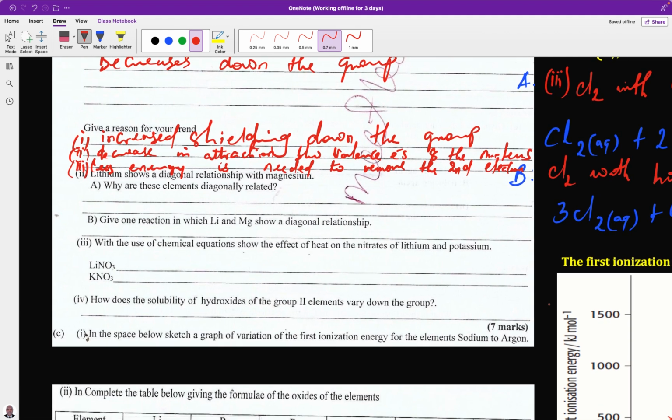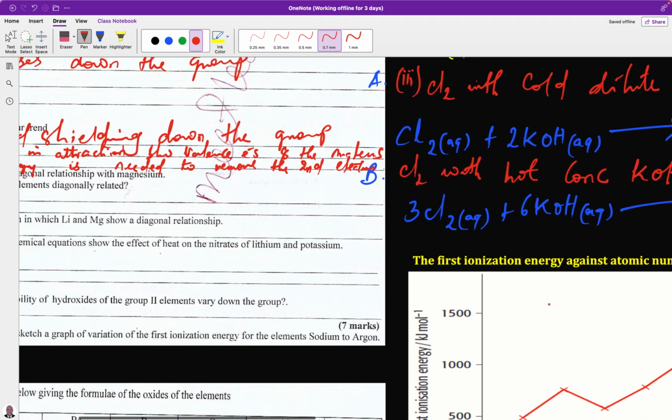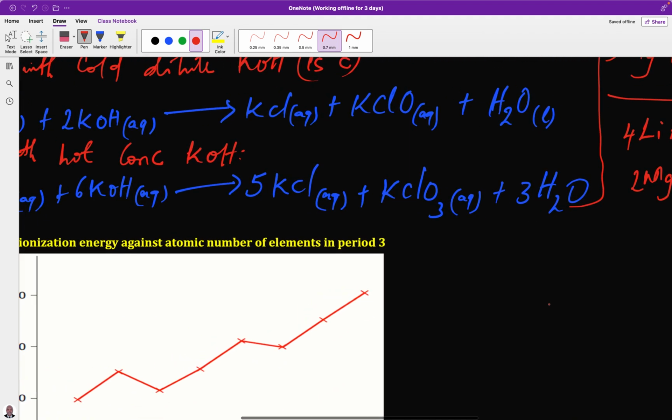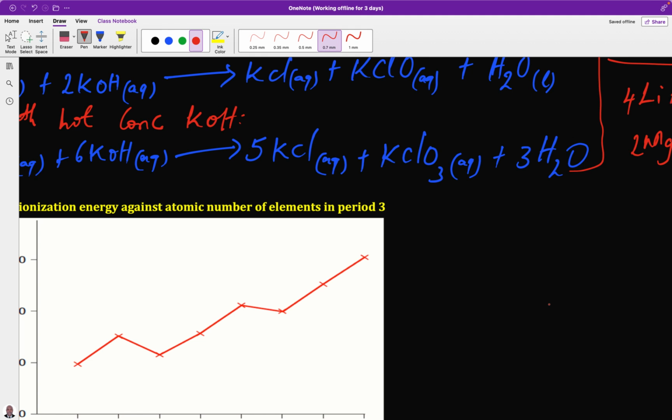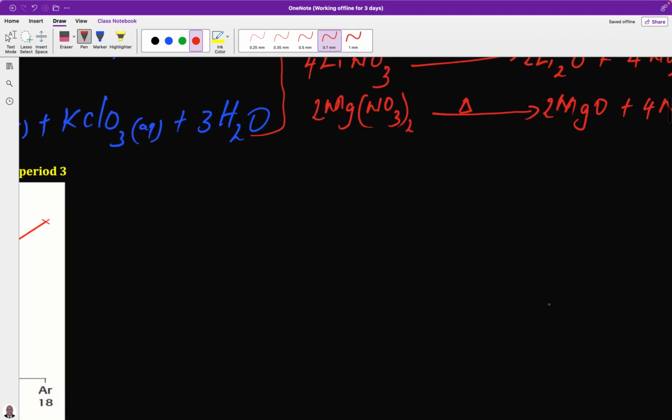Okay. With the use of chemical equation, show the effect of heat on the nitrate of lithium and potassium. Again, this is question 3 for lithium and potassium.